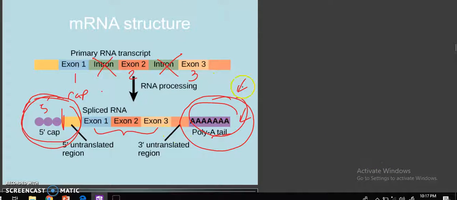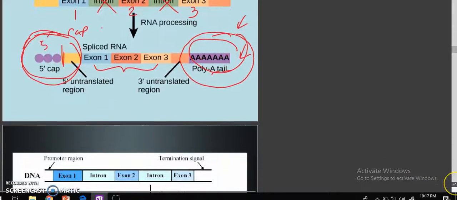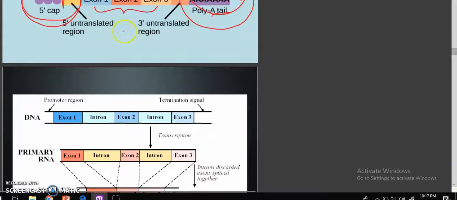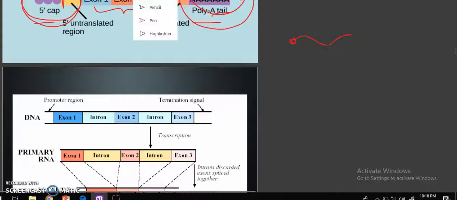So the main purpose why the cell needs to put a cap and a tail on a single strand of RNA is because during the next process, if this strand contains the cap and the tail, like this is the example, this is the cap, and this is the tail.